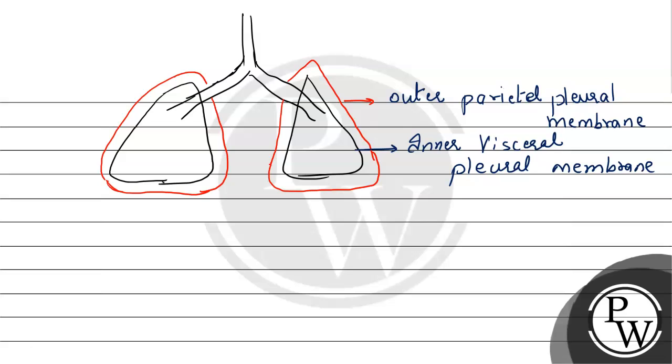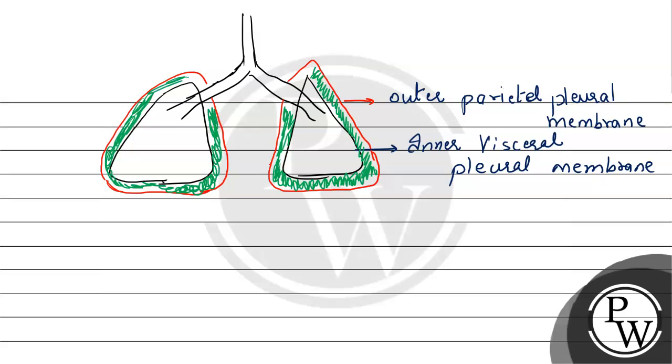But in between the pleural membranes, like here, we have the fluid present. And this fluid is actually providing them the protection. In both the lungs it is present, in this manner.